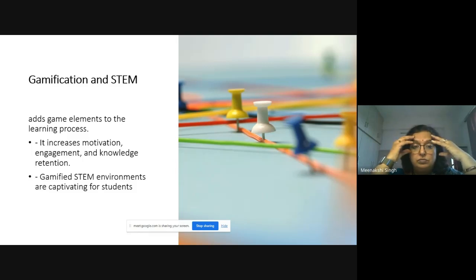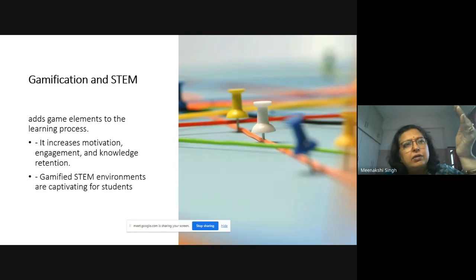A lot of games are there where you learn the principles in a very interesting and fun way, and you don't even realize that you have acquired so much knowledge. So it is not a burden, or cumbersome, it is enjoyable, engaging, and students are motivated, and it is retained because it is so much fun to go about it.